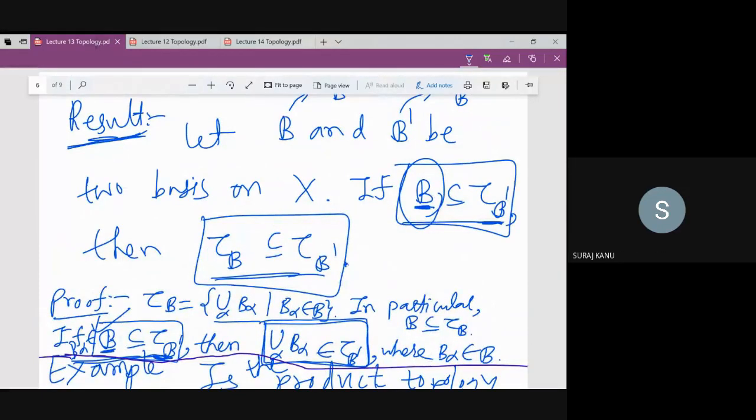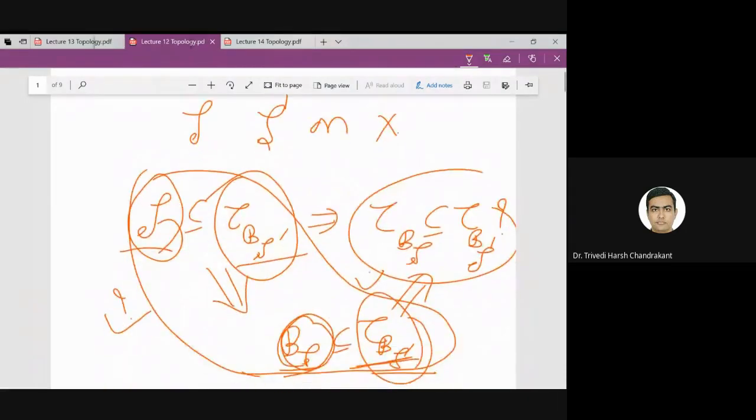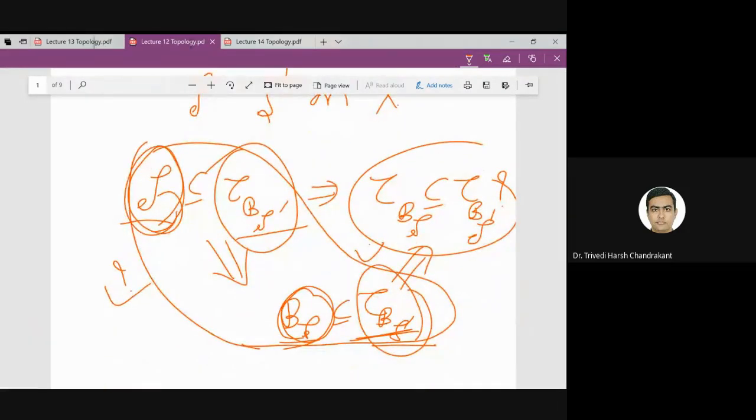Yes, you proved that if we have a basis element contained in the topology generated by another basis, then the topology generated by this basis is a subset of this one, because every topology is closed under union. The same way we can prove this result: if I have a subbasis contained in the topology, then the topology is closed under finite intersection.